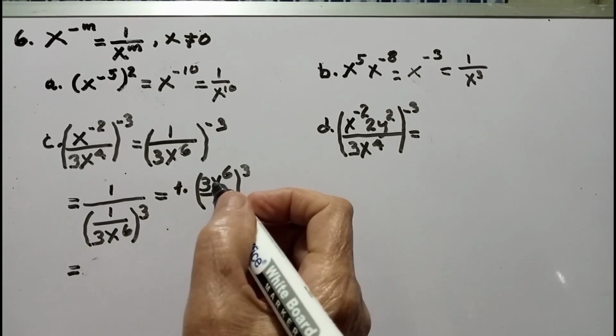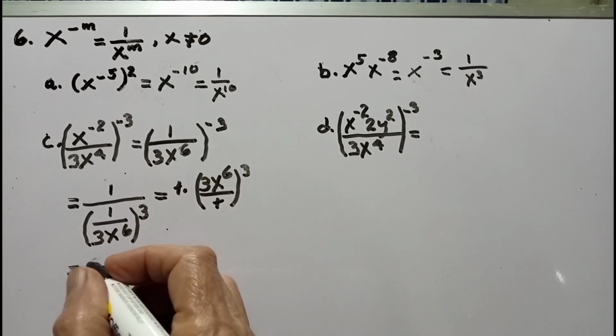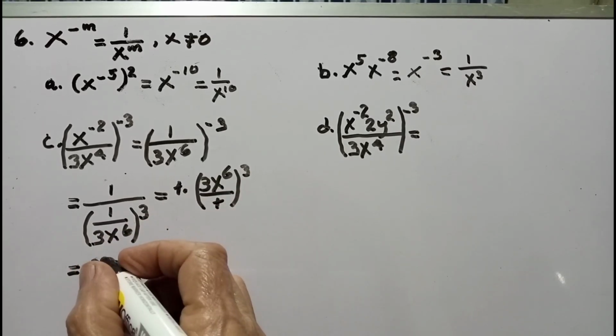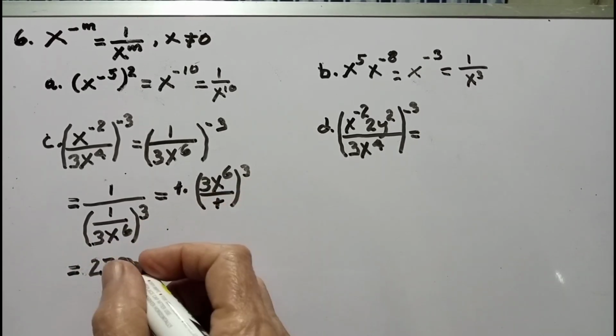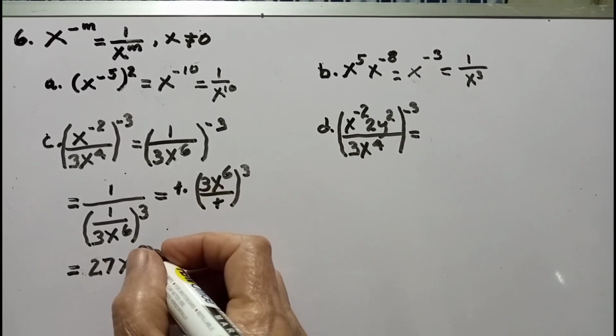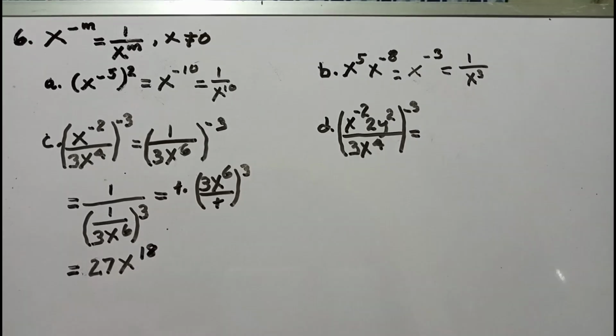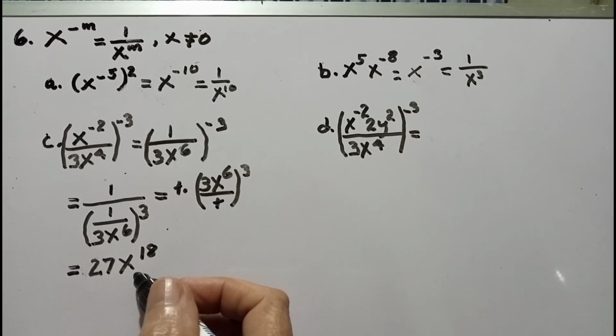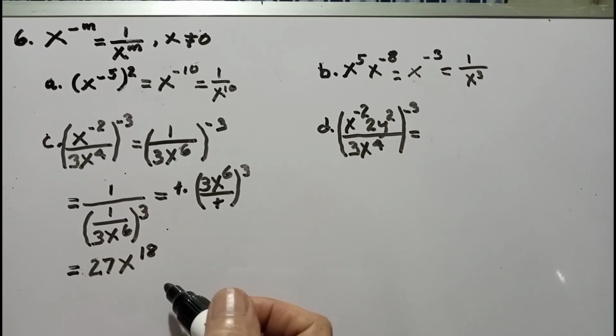So 3 times 3 is 9, times 3 is 27. And then x, 6 times 3 is 18. So the answer is 27 times x to the 18.